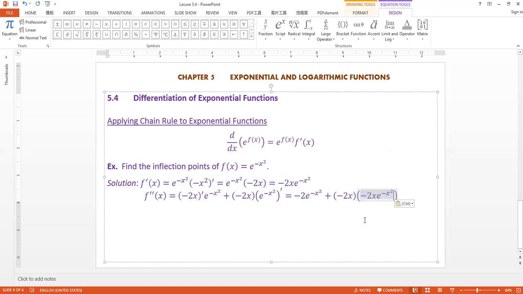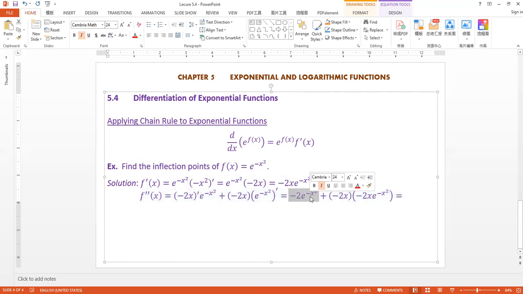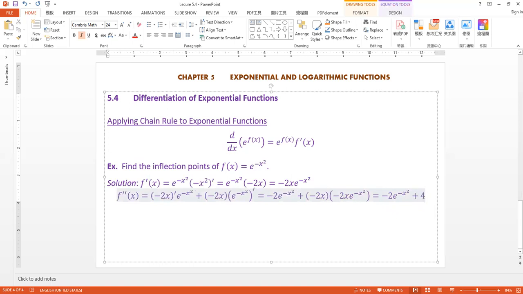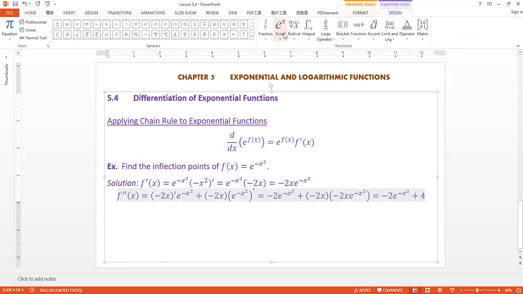Okay, so then we can simplify the answer a little bit. Keep the first term unchanged. So that's negative 2 e to the negative x squared. And then if you multiply negative 2x with negative 2x, we get 4x squared.